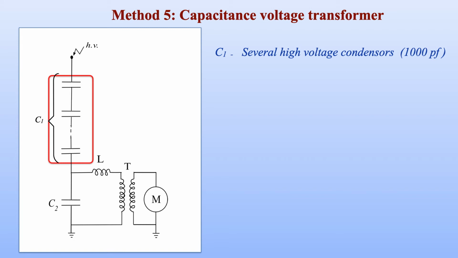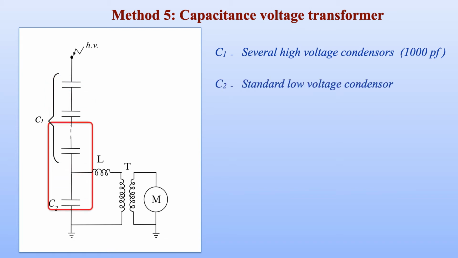Rather, it is made up of several capacitances connected in series, in order to arrive at a high value of condenser which is able to withstand high voltage, maybe up to 1000 picofarad. So when we use a number of capacitors in the form of a bank connected in series, then we need not worry about the use of any special construction, single capacitor of very high voltage value.